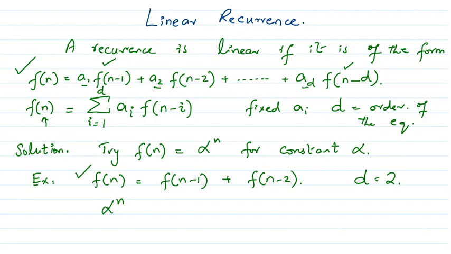If f of n is alpha power n, what will be f of n minus 1? That is exactly going to be alpha power n minus 1, that is, n is replaced by n minus 1, उस power में जो n था उसको replace किया n minus 1 से, plus alpha raised to the power n minus 2. That is, इस again power में यहाँ पे n minus 2 था तो वही यहाँ पे reflect हो रहा है.